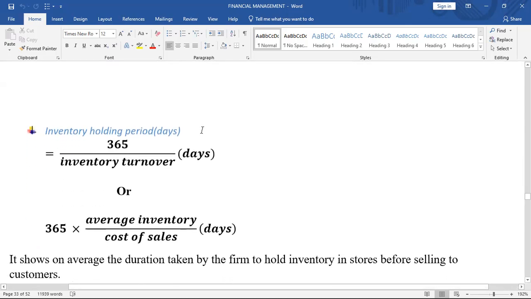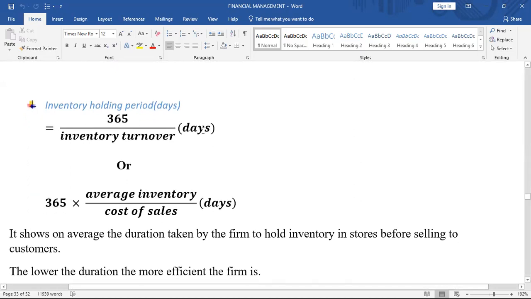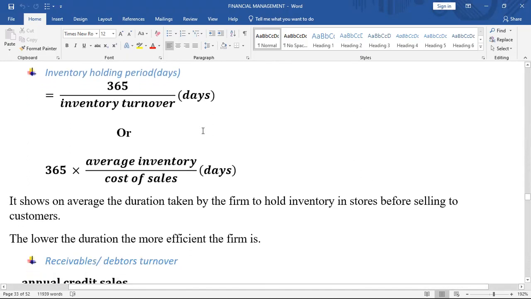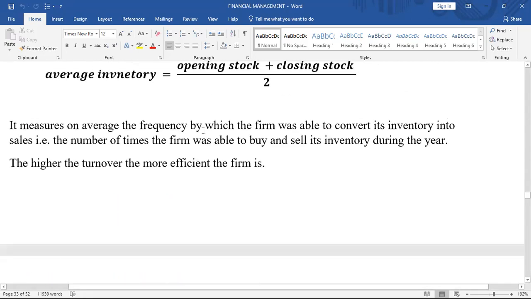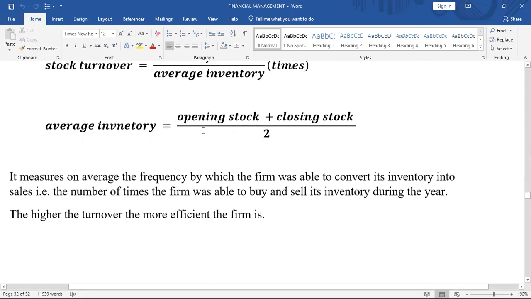Secondly, we have the inventory holding period in days. We take 365, we divide by the inventory turnover. Most importantly, the most common figure we normally use is 365 days. Because for the inventory turnover, we normally take the cost of sales over the average inventory.